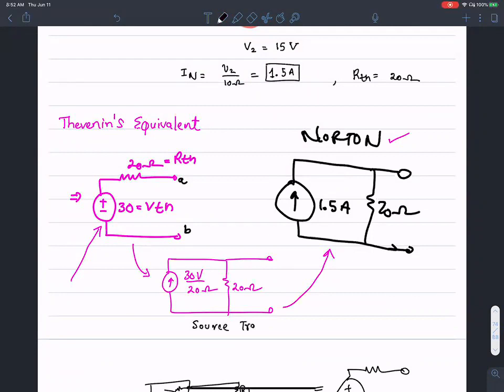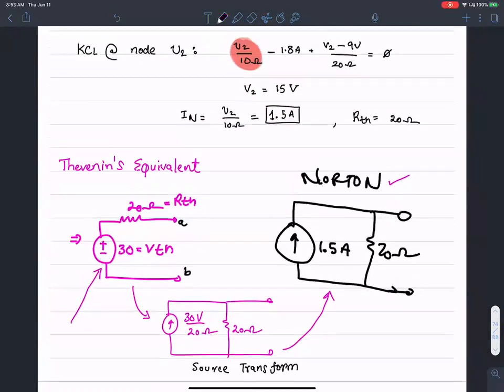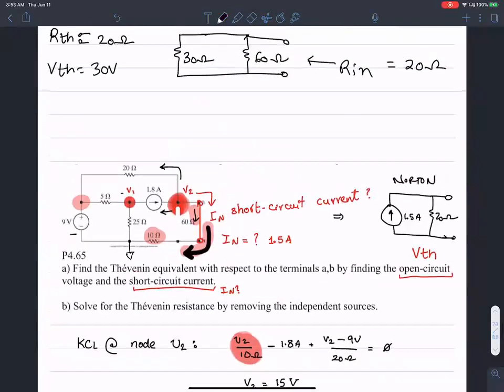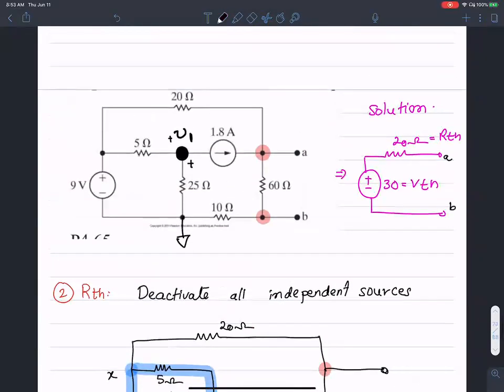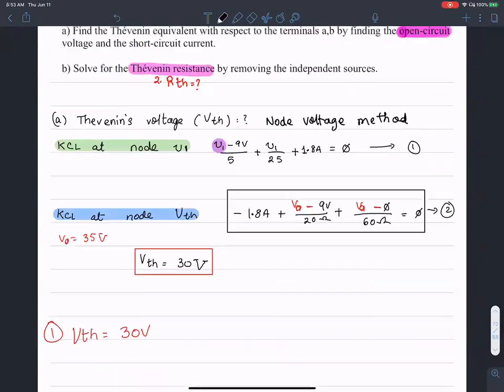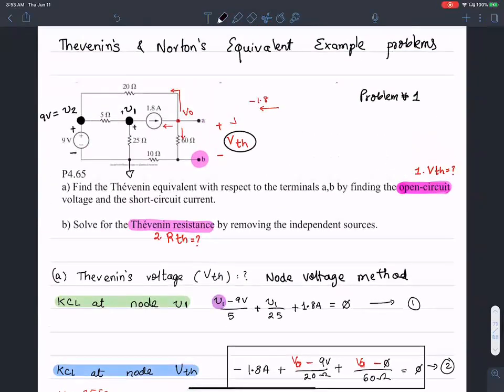Let me go back a minute to the Thevenin equivalent step, because it seems there was a question about that. When I was calculating that, I called one of the voltages V0. Sorry about changing the names on you.